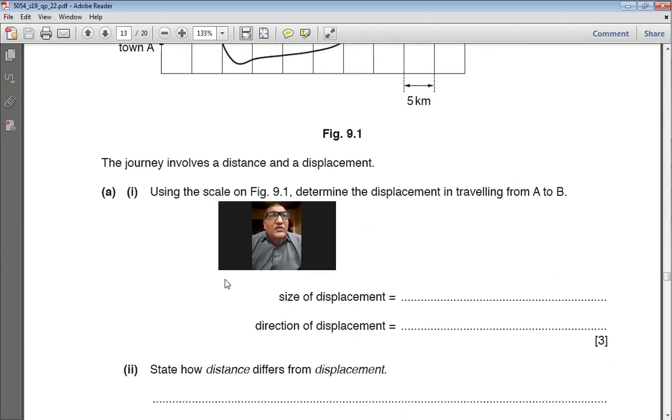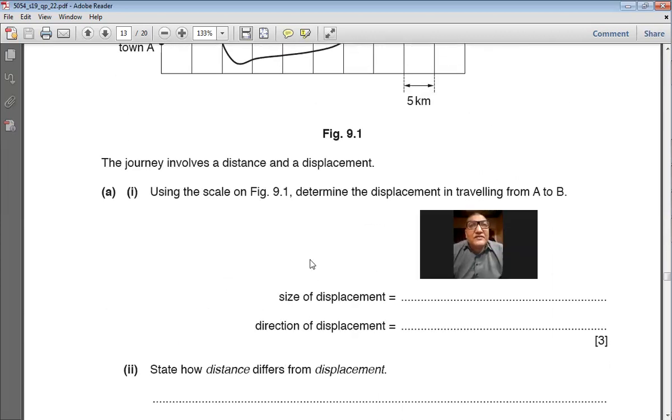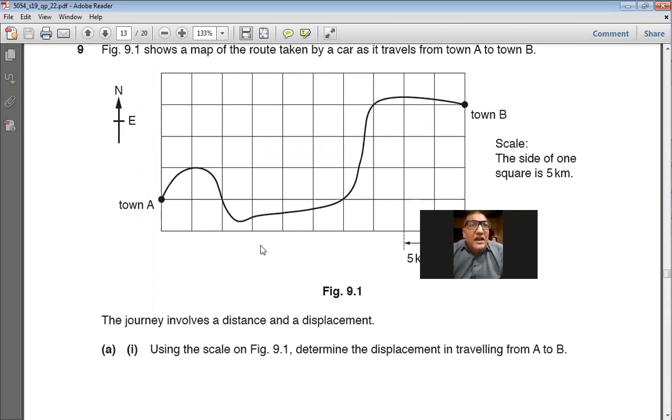So let's check what the question is. He says the journey involves distance and displacement. Using the scale on figure 9.1, determine the displacement in traveling from A to B. I will use this length, 50 kilometers, and this length, 15 kilometers; they make a 90-degree angle.